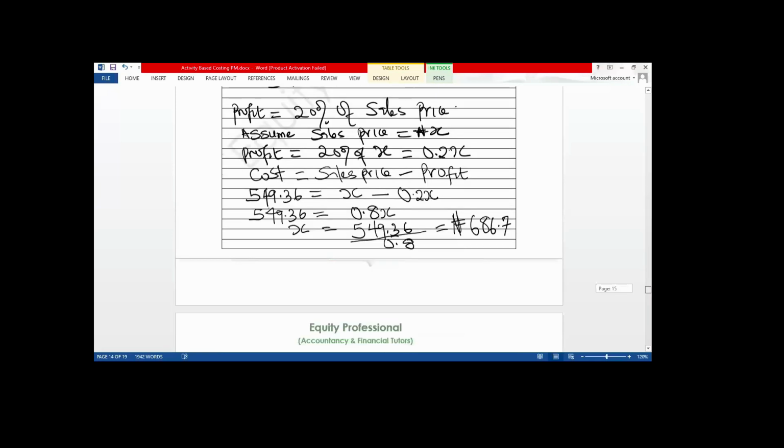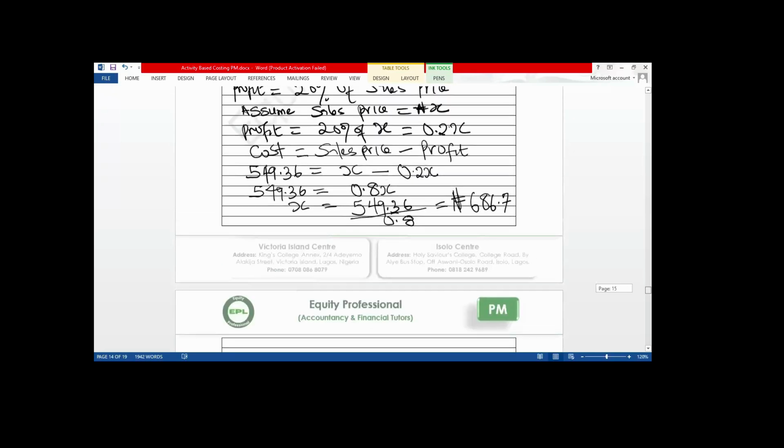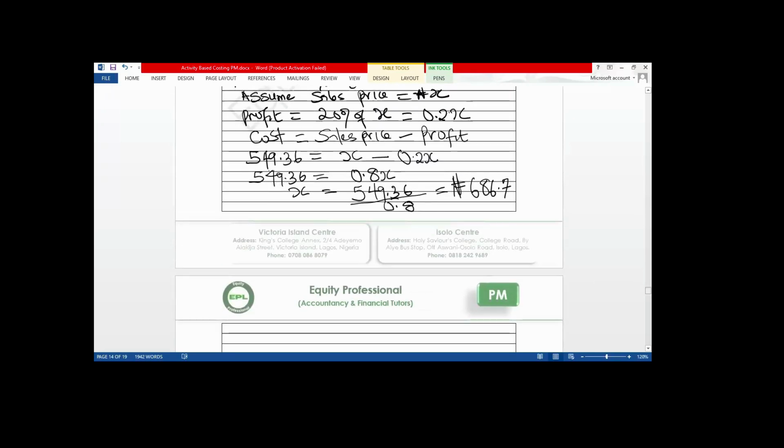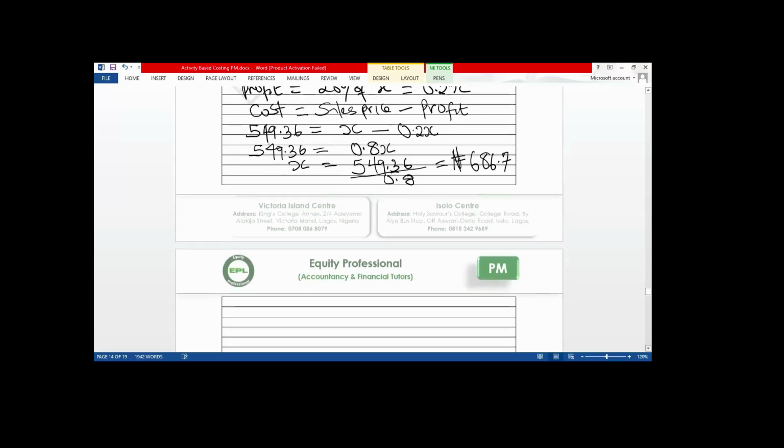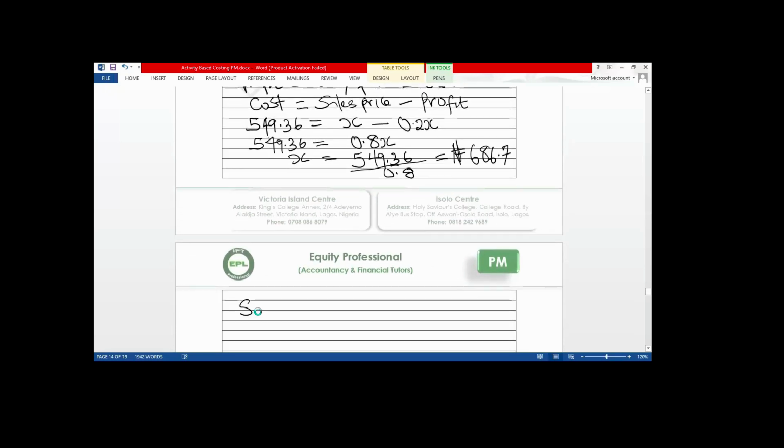Without wasting time, if I want to get for doulos, I don't need to go through long routes. I will just do it like this. Sales price for doulos is equal to 686.7, that is the cost, divided by 0.8.